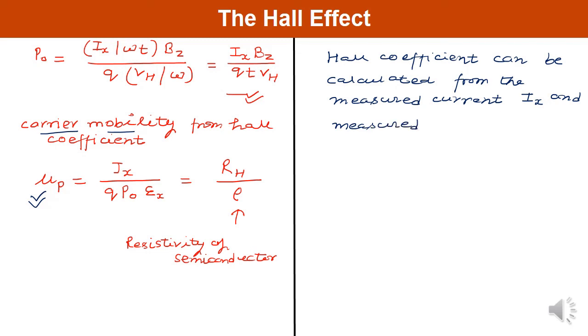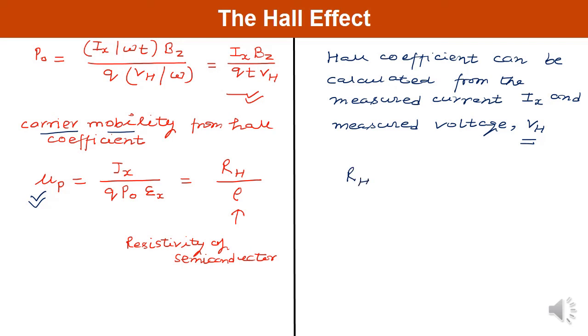The measured voltage is the Hall voltage, denoted by Vh. You have to remember this formula. This formula is very important.